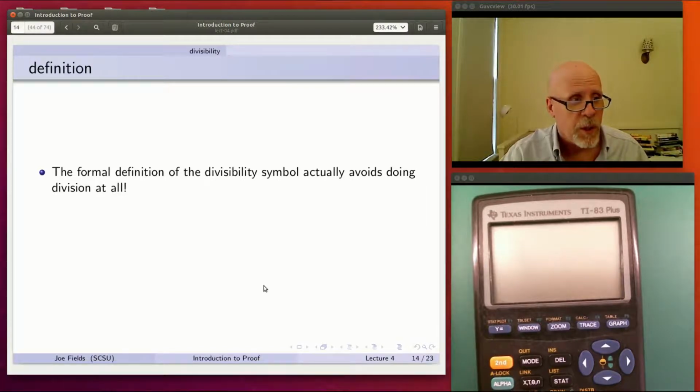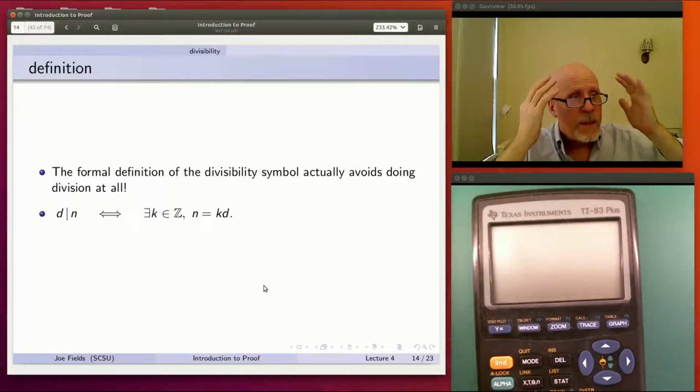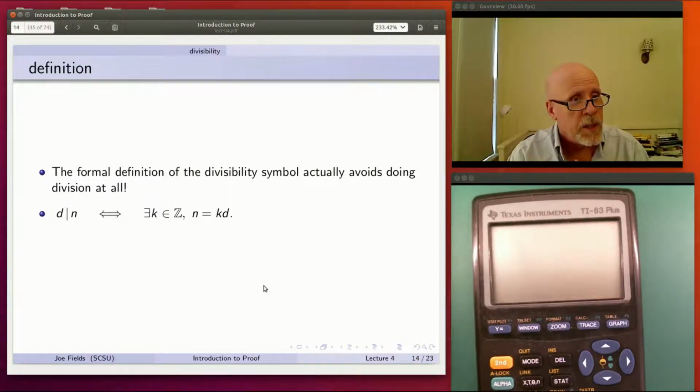Here it is. d divides n exactly when there is a k in Z, that is, there is an integer, such that n equals k times d. So k is the thing you would get as the quotient, but by writing it this way, we've avoided division and just done it in terms of multiplication. You're saying the one thing divides the other if you can find the quotient and it's an integer, but expressing that existence of the quotient in terms of the related product.